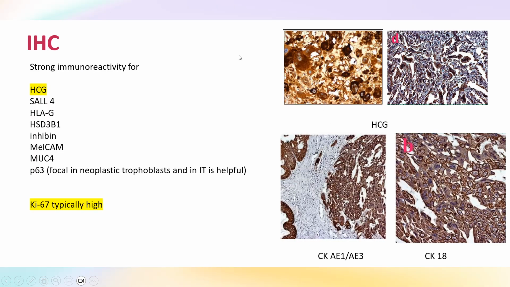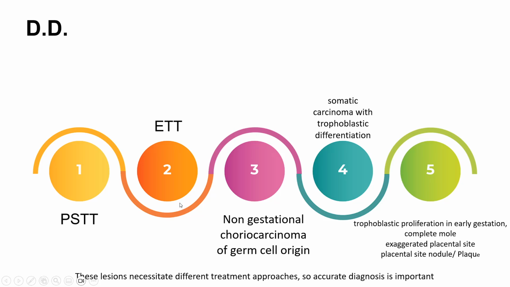So what about the IHC? We have actually a long panel, but the most famous is the strong immunoreactivity of HCG and SALL4. Those two are trophoblastic markers and they are positive in choriocarcinomas. Cytokeratins would give positivity. What's really important is the Ki67 giving a typically high nuclear positivity.